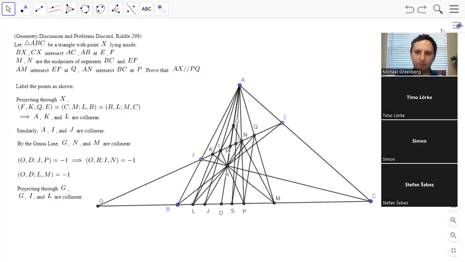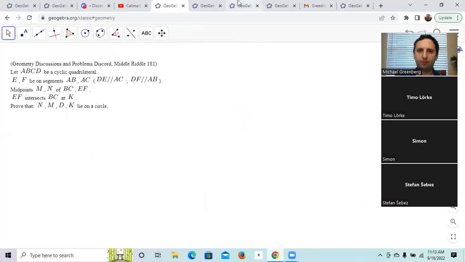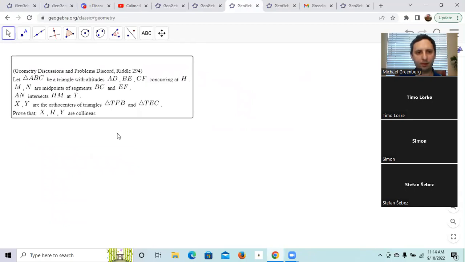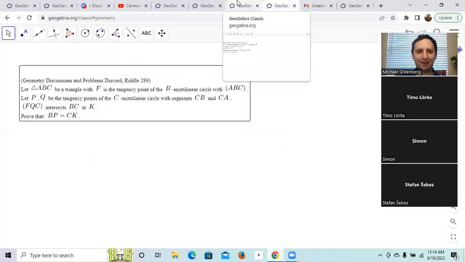Let's go to the next problem. All right. So I could do the middle riddle, or I could try a harder riddle. What do you think? I would want a riddle, but not with a million cross ratios. Okay. This one has a lot of mixed linears.